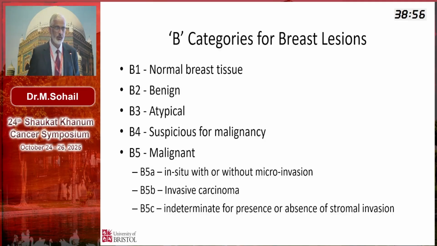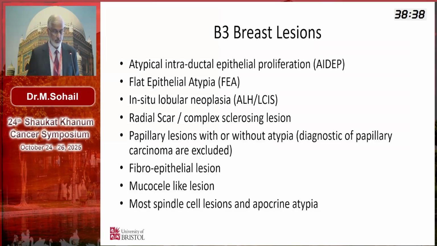So if we think this is benign, but not 100% sure, we classify them into atypical or B2 or B3. And if we think it's most likely malignant, but it's not enough, and we are reluctant for surgeons to do an operation on those cases, we call them B4. And if it is something inadequate, we call it B1.